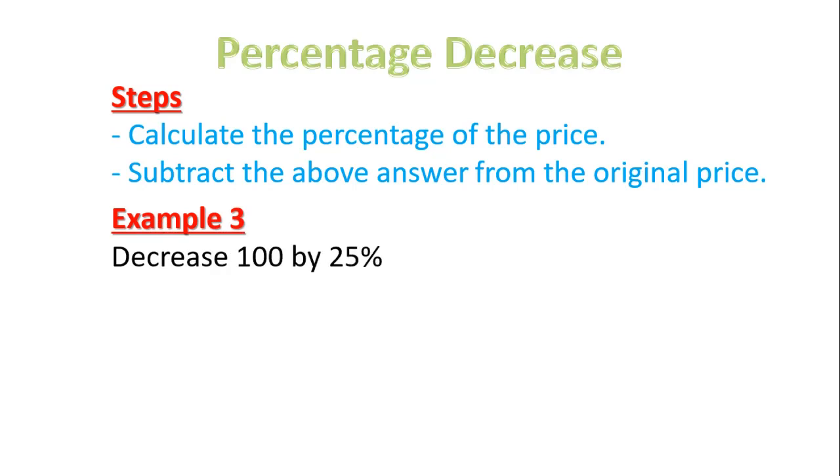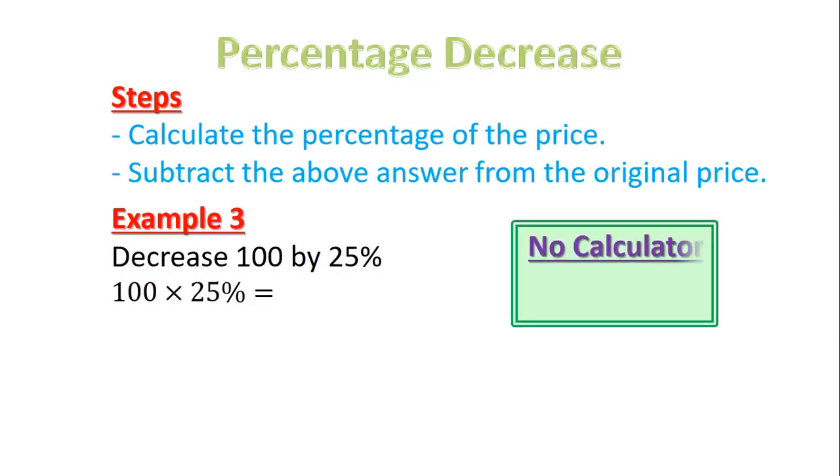Decrease 100 by 25%. So 100 times by 25%, exactly the same as percentage increase, and that equals, again, if you have a scientific calculator, lucky you, put it in, you press equals, you get your answer.